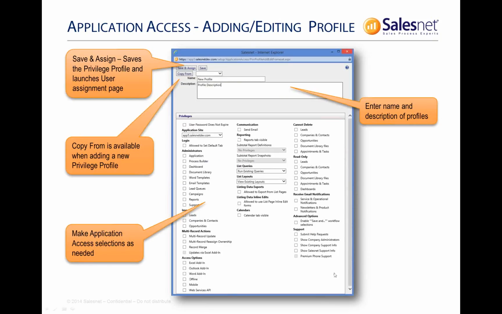Everything here is the same except for the active checkbox. The active checkbox really just applies to that user, whether they've activated themselves or you have. That's not considered a functionality privilege, but all the functional privileges are here. And so you can give it a name, you can copy from one that already exists, and then you can save and assign all in one fell swoop.